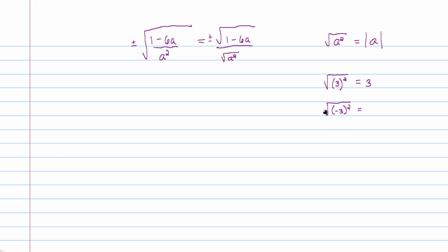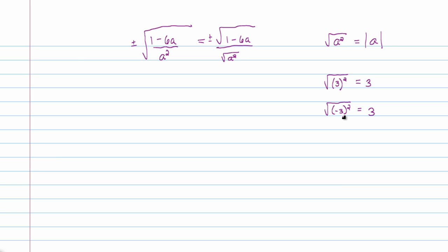All right. Negative 3 being squared is 9, and the square root of that is 3. In other words, once I squared that negative, all reference to a negative number inside that square root disappeared. So I squared a negative 3, it became a negative 3 times a negative 3, which is a positive 9.